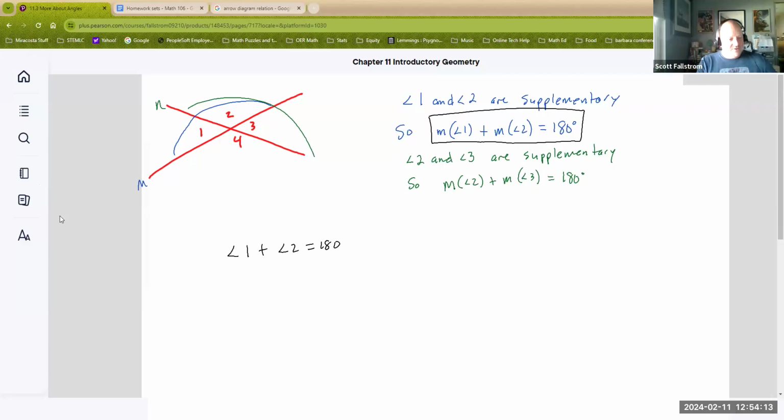A couple things you would need to do if you want to get full credit. One, you have to write down the units that you're measuring. It's 180 degrees. Second, if you just write the angle symbol by itself, it does not tell me that you wanted the measure of the angle. Remember, angle 1 is an object. An object doesn't equal a number, right?